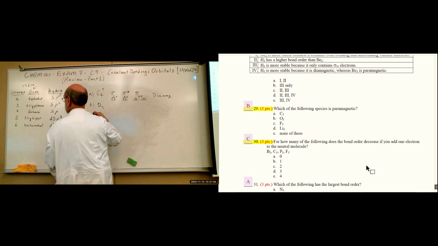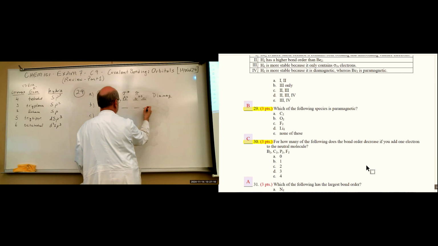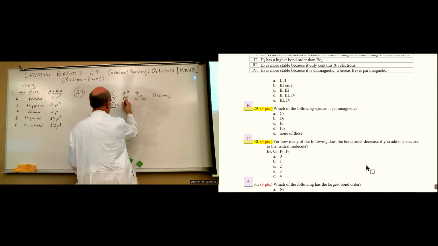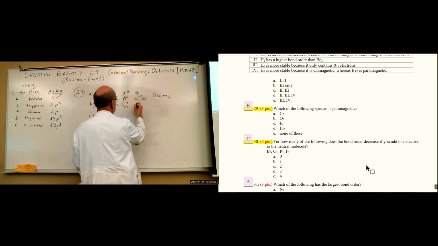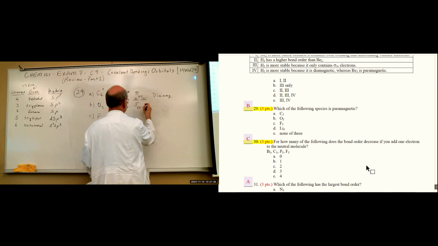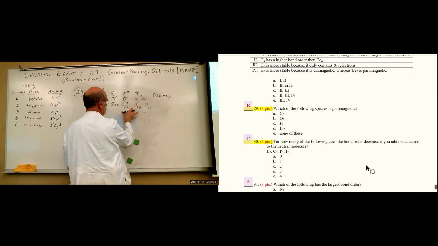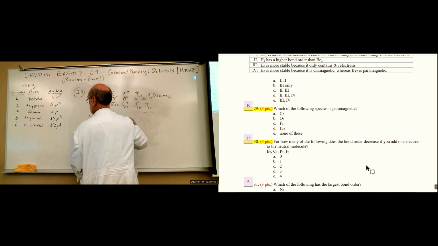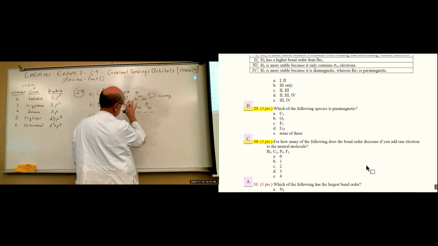O2 would do like this. So this one has a sigma from 2s, a sigma star from 2s, a sigma from 2p, and a pi from 2p. Because there's no mixing here. We would have put the pi from 2p on this side if there's mixing. Carbon, nitrogen to the left is mixing, oxygen and fluorine are not mixing.